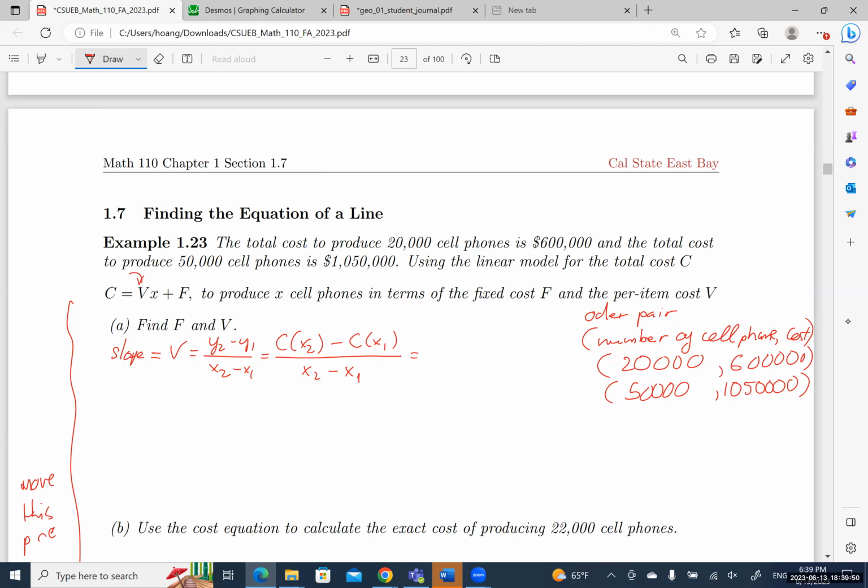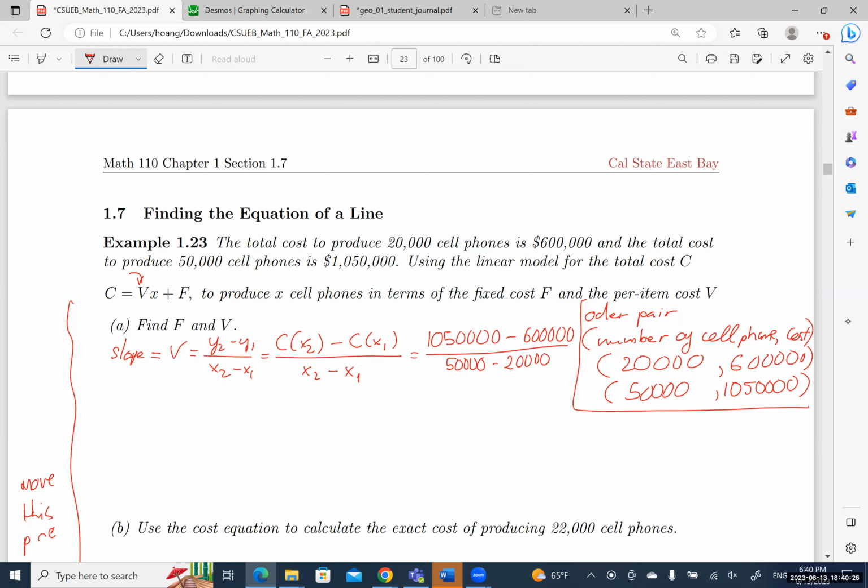So if you label the bottom one here as C2, you're going to write 1,050,000 minus 600,000, and you divide by 50,000 minus 20,000.